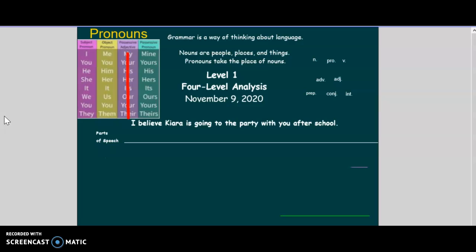Is a noun, a pronoun, or something else? Is going a noun, a pronoun, or something else?